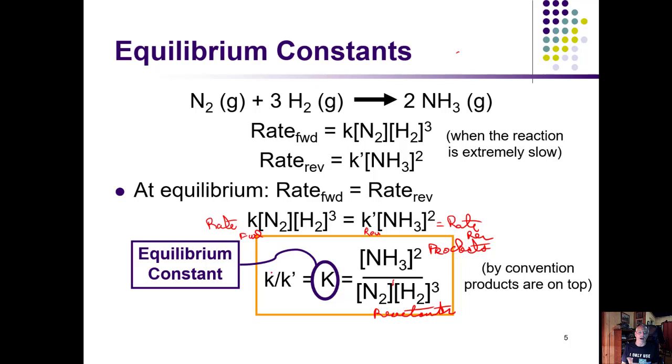And then we've got K forward over K reverse, and we simply denote that as capital K, and this is our equilibrium constant. And this expression right here is the crux of the matter in this entire chapter. This is the equilibrium constant expression.